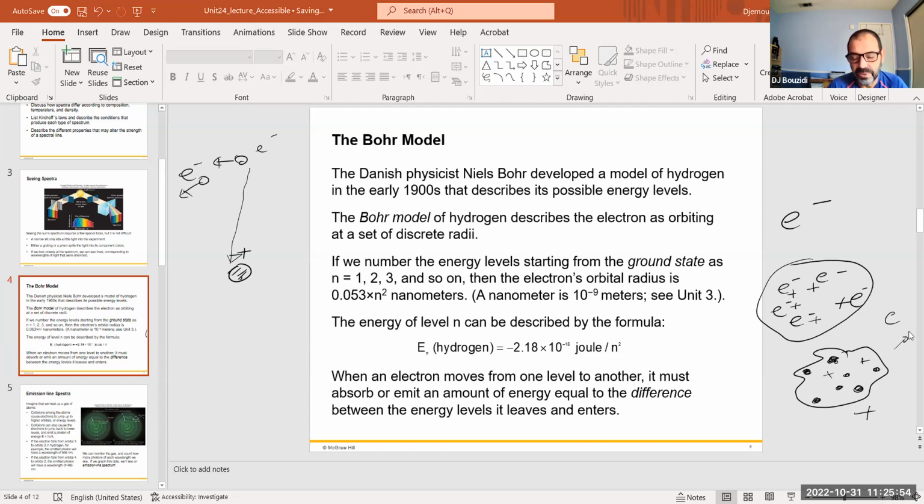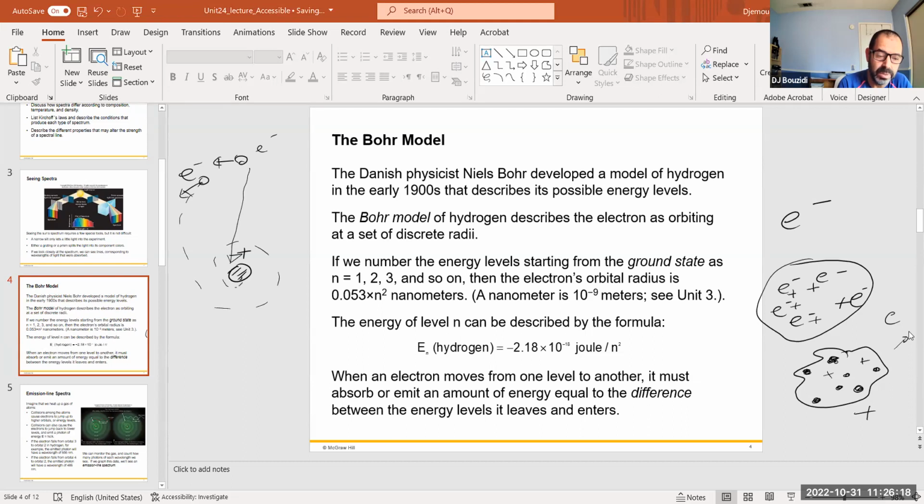A positive or negative charge that is moving, accelerating, will emit light. And these electrons are definitely accelerating because they stay in orbit, going circularly around the nucleus. So these electrons must radiate energy, and in doing so, they will spiral down to the nucleus.